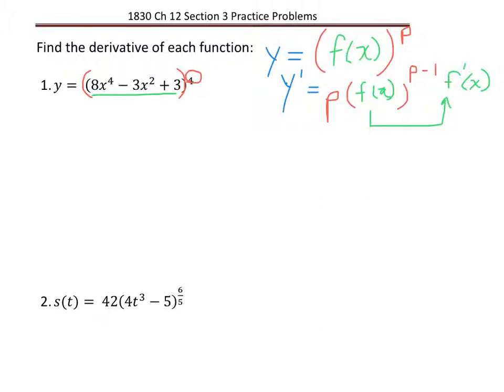And so in order to find y prime, first we'll take the derivative of the function that raises things to the 4th power, which means we bring the power of 4 down in front. We will keep what's inside the parentheses, and we will reduce the power, which is 4, by 1.